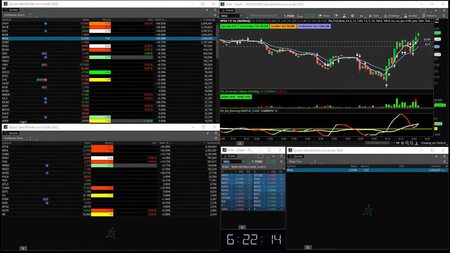Running up a little more. Not a whole lot of volume on this stock, but it is moving. Maybe others will find it soon.